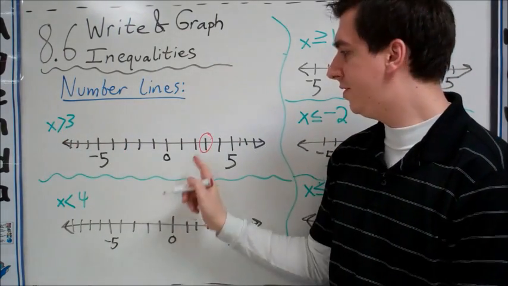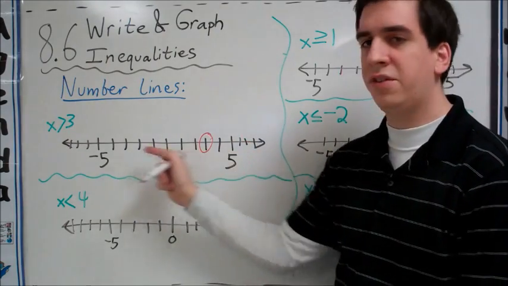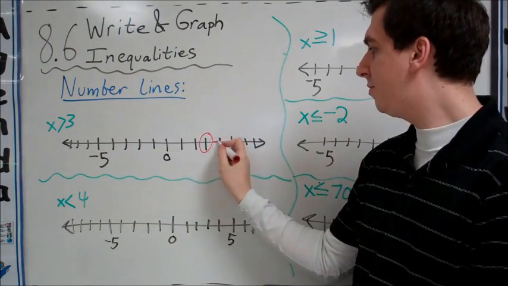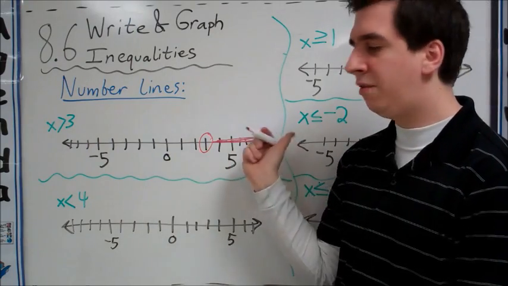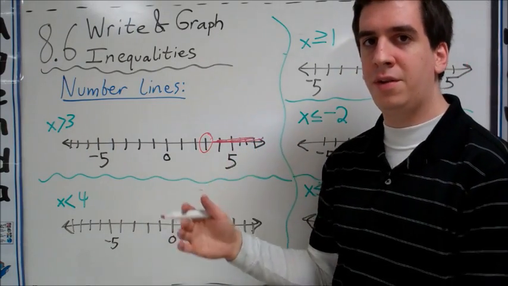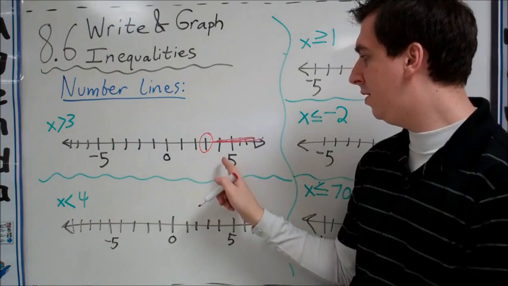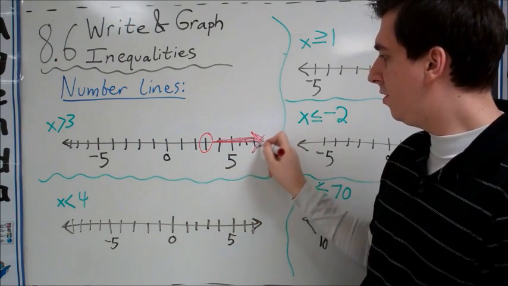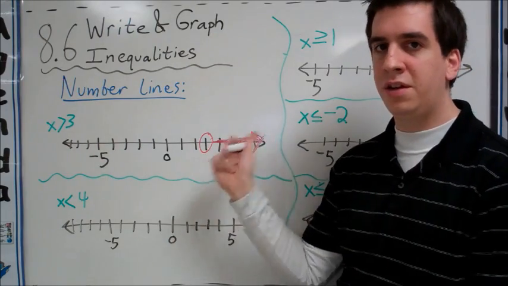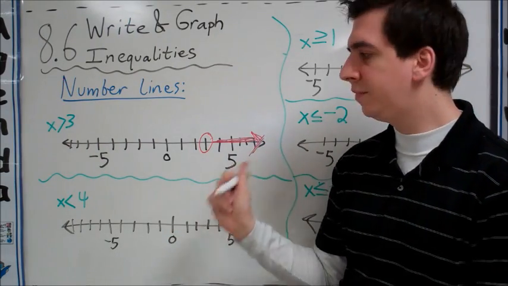And greater than 3, does that mean we go to the right of 3 or to the left of 3? That means we go to the right. At the end of our number line, we know that numbers go on forever. Remember, numbers here do not end at 8. We're going to draw an arrow in there to show that it would keep on going forever.